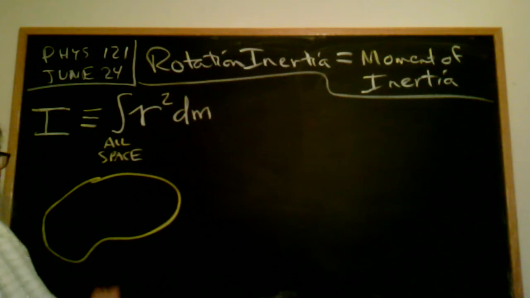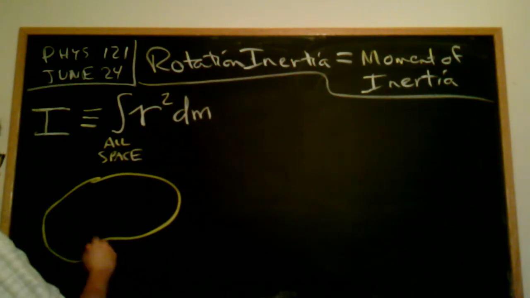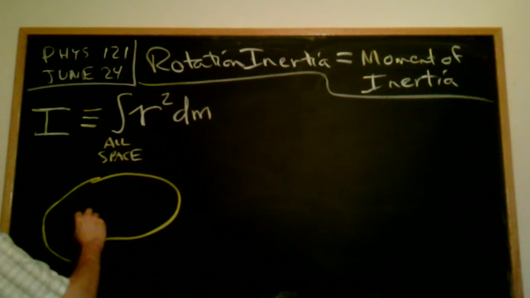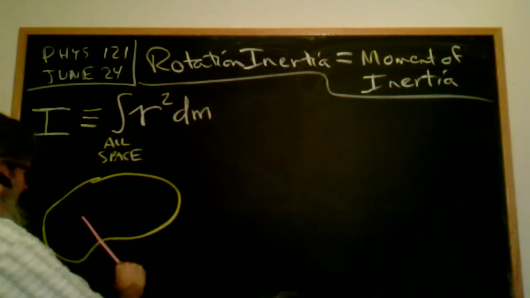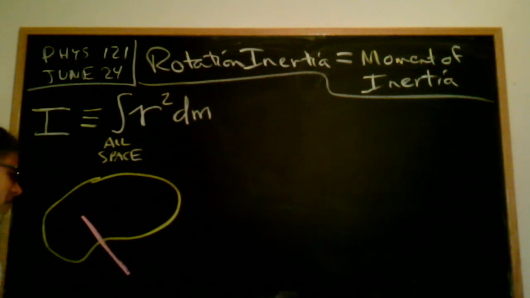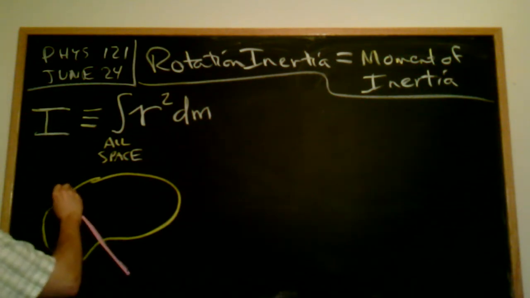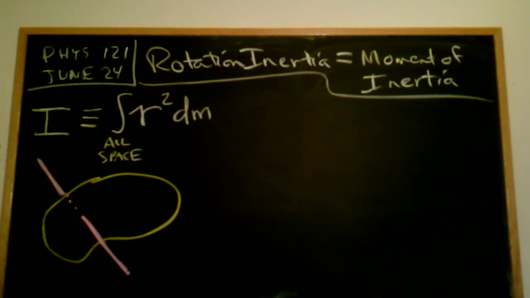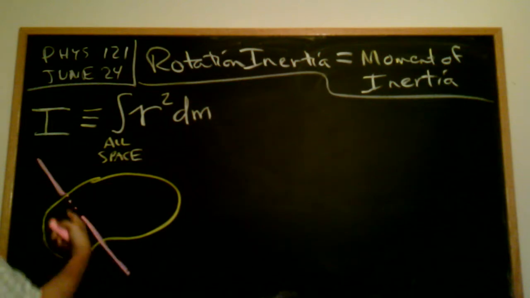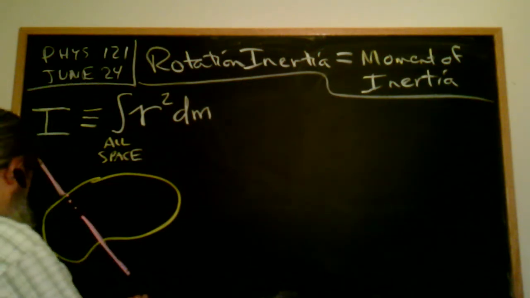And if I have an axis to that object, I will define the axis as if I spear the potato with a skewer. So this corresponds to an axis going through the potato, coming out the other side, stuck at some arbitrary location.